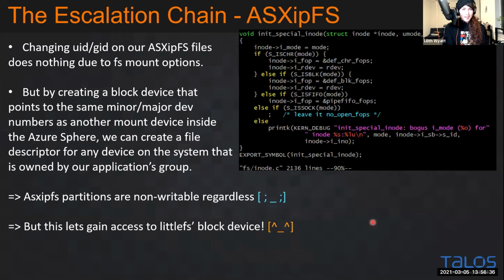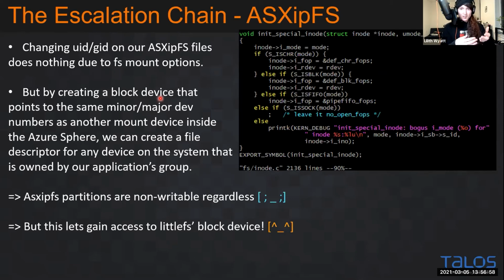So like I said before, we couldn't just change the UID and GID of the files on our partition, but what we could do is create a block device via the minor and major numbers of a given device, and essentially have a soft link to another device on the file system.